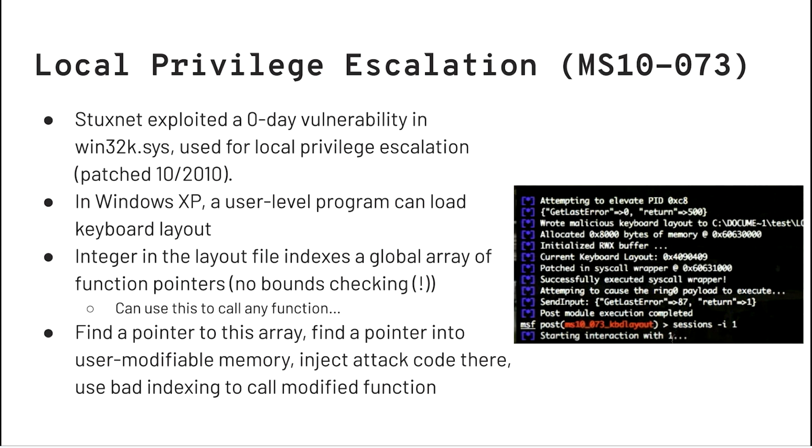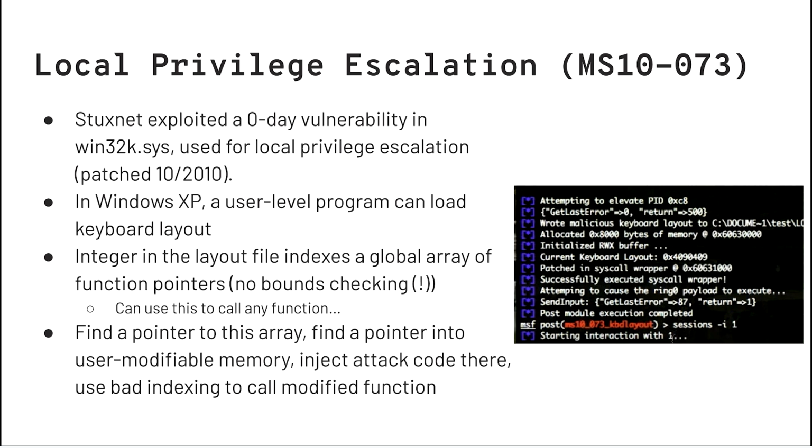So in order to exploit that, the only thing you need to do is find the pointer to that global array, and then find a pointer to somewhere you can inject your own code, and then try to jump from the beginning of that array. The array had some size, but you could jump to any part of the memory after it.